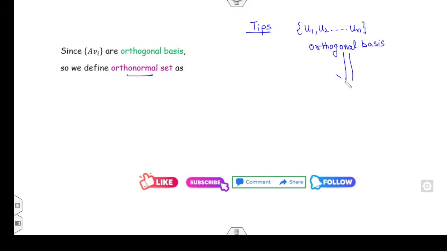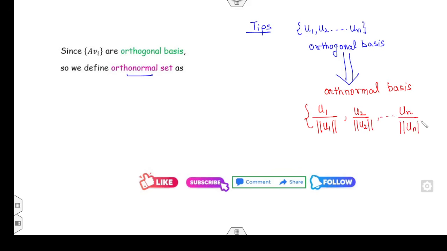Then we can define the orthonormal basis. How? Very simple. We can divide u1 with its norm, divide u2 with its norm, and similarly for un, we divide with its norm. And this basis is known as the orthonormal basis.